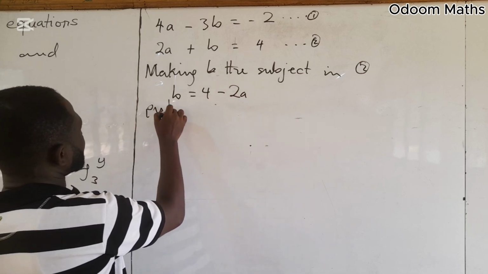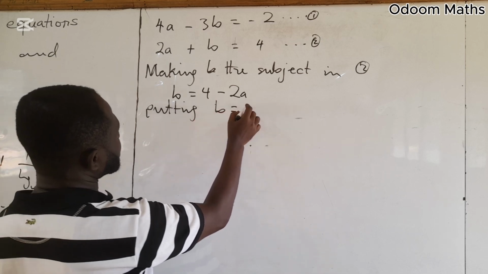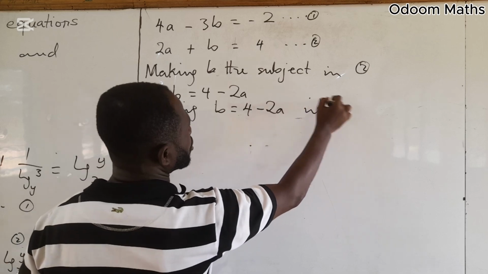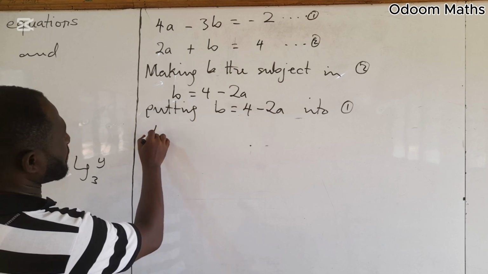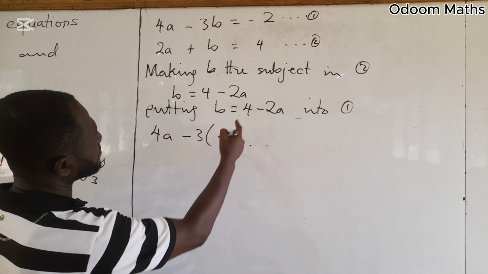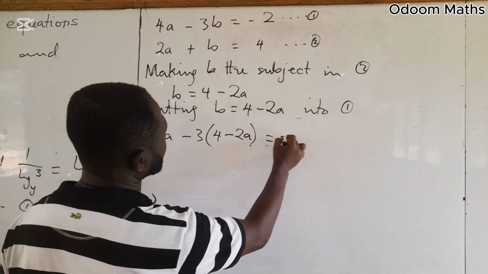Now putting b equals 4 minus 2a into equation 1, I have 4a minus 3 into brackets 4 minus 2a equals negative 2.